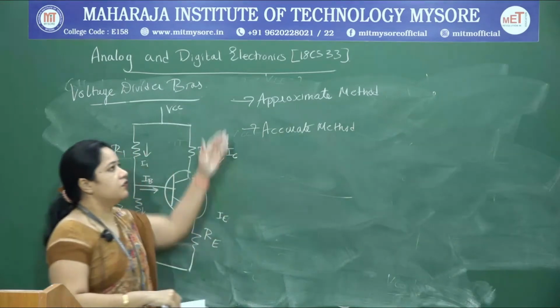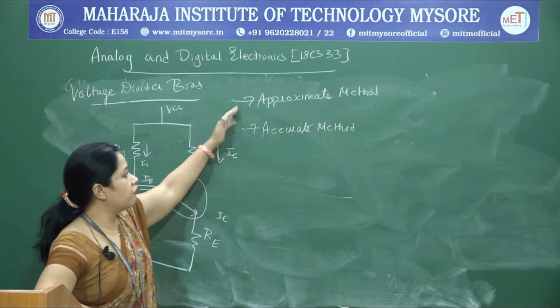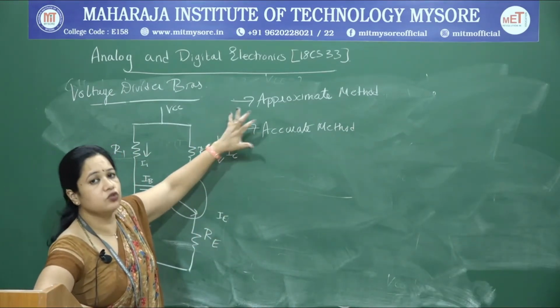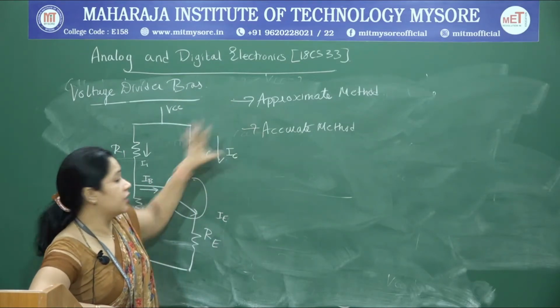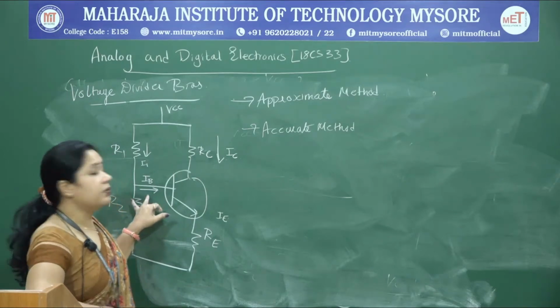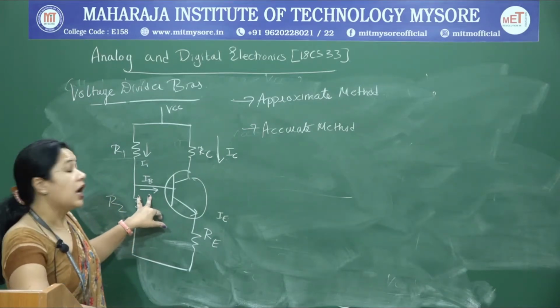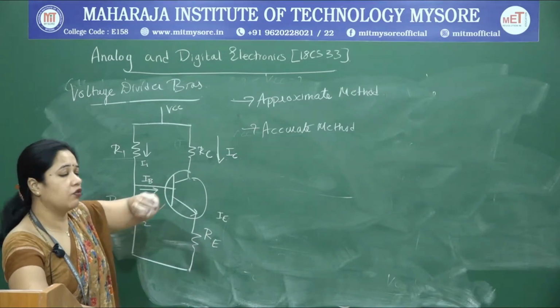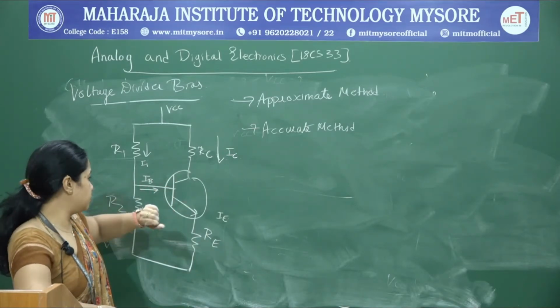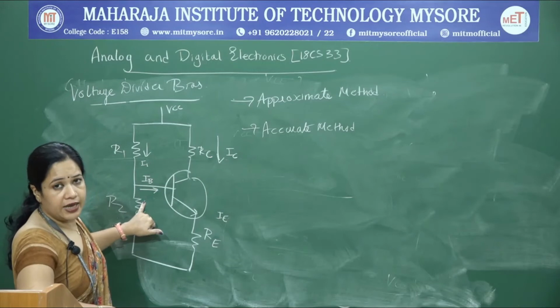We will take each one of them one by one. In the approximate method, we consider some approximation and try to analyze the circuit. The approximation used is we consider IB to be very small. We assume the base current is very small and do the analysis.